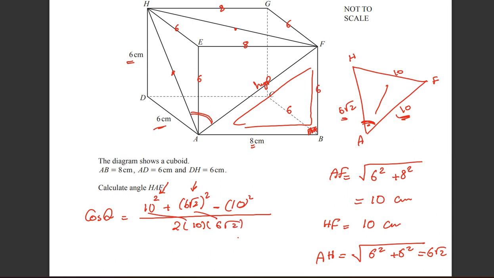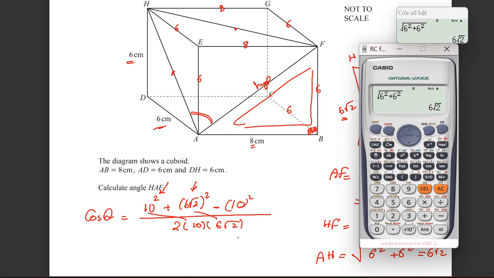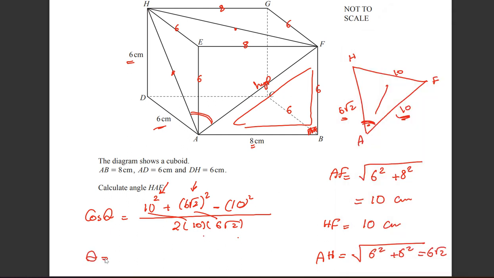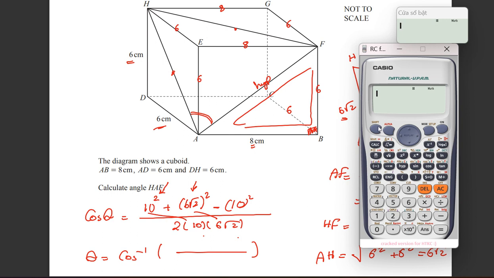Press shift cosine, open the bracket, and write 10 power 2 plus 6 root 2, all power 2, then minus 10 power 2.